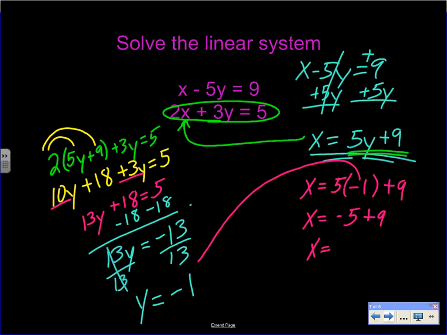And -5 plus 9 will give us a 4. X is 4, y is -1. So the answer to your system of linear equations there is 4, -1.